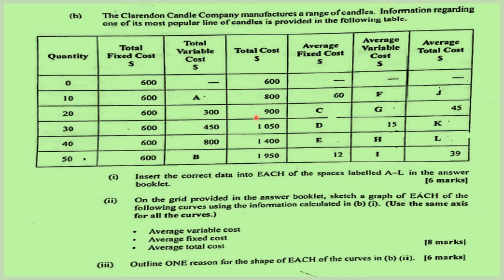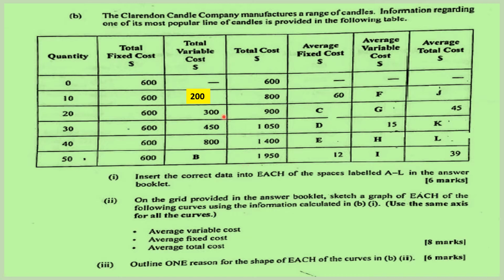Let's start right away. The total fixed cost is 600, total cost is 800, so the difference here should be 200. That would be our total variable cost, so we put 200 in there.